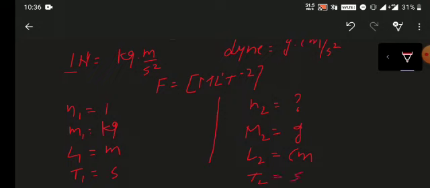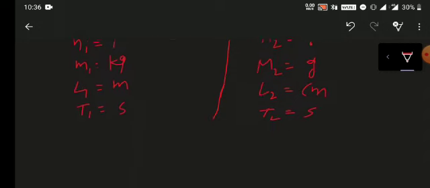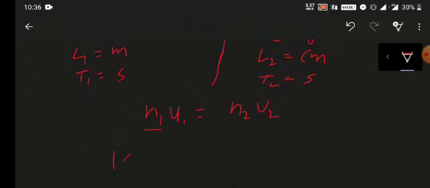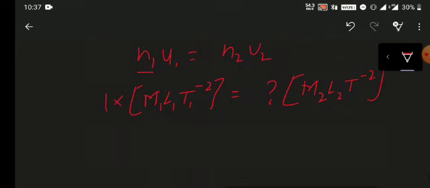Now let's compare both the things with the formula. We know that N1 U1 is equal to N2 U2. N1 and unit in the form of M1 L1 T1 minus 2 is equal to N2, we don't know, but the unit of the second dyne form is equal to M2 L2 T2 minus 2. Now compare both the things.